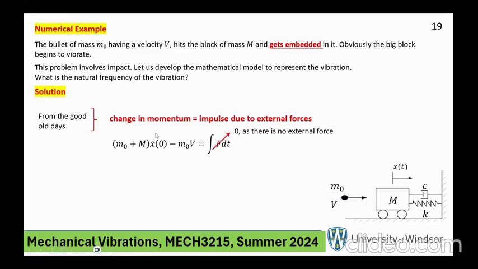And that will give me the initial velocity of the block. We know the initial velocity of the bullet, but we don't know the initial velocity of the block.